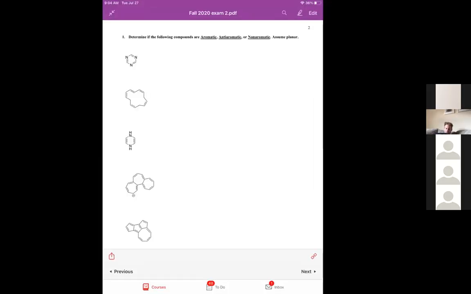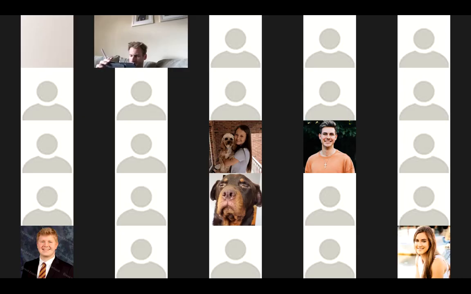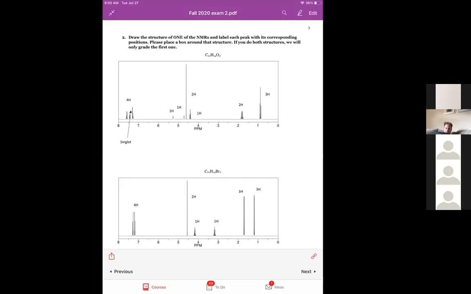Go ahead and just cross this entire page out. So, chapter 17 concept, we didn't cover it yet. In fact, you're going to cross out a lot of this exam. So, we are not going to do NMR in this exam.